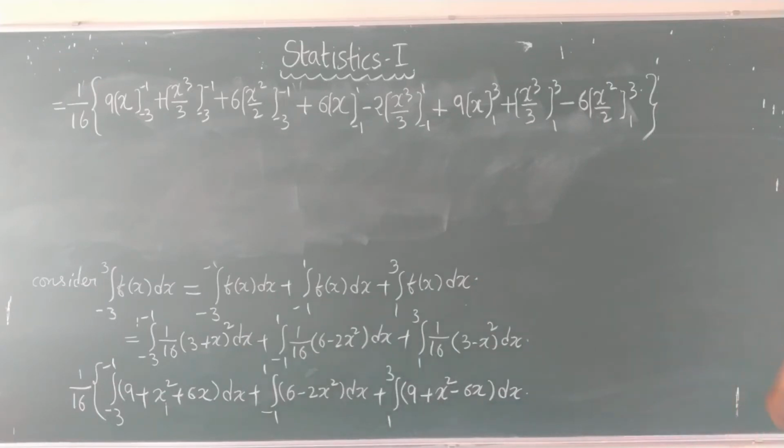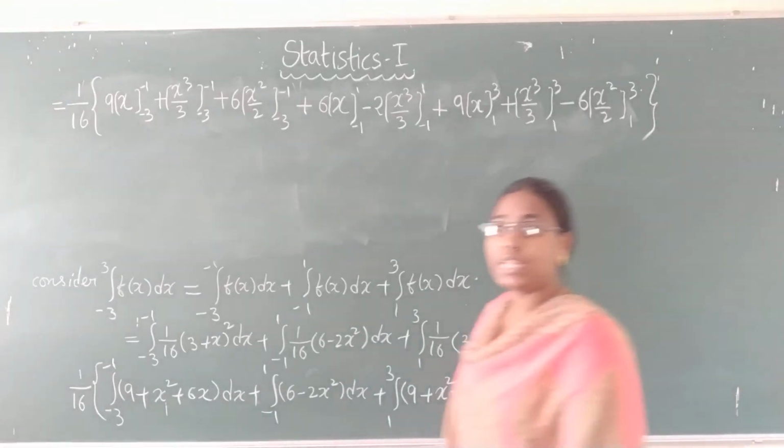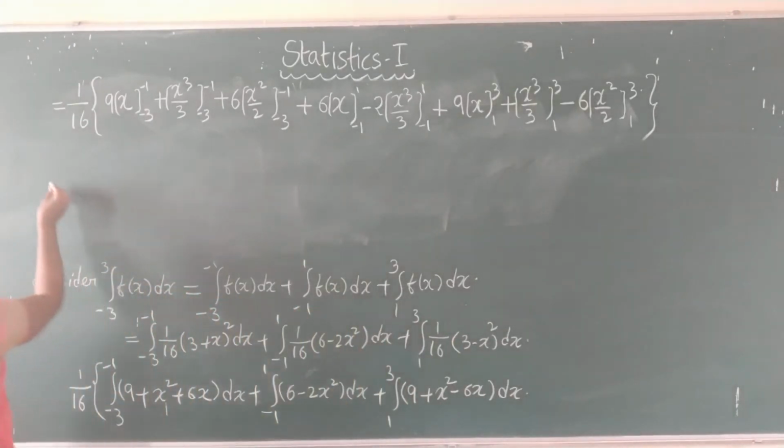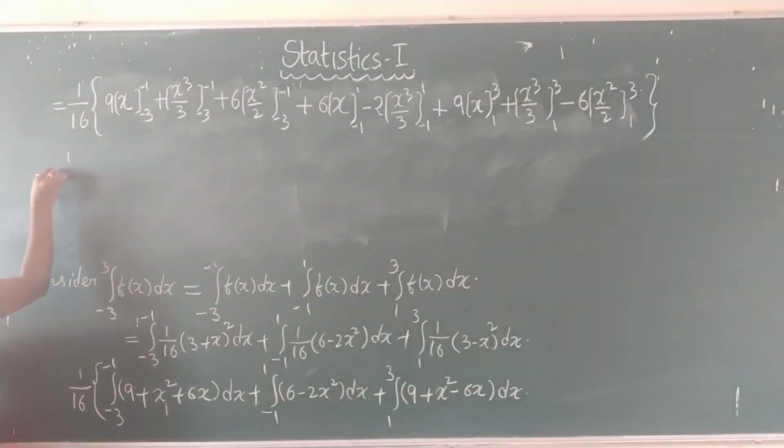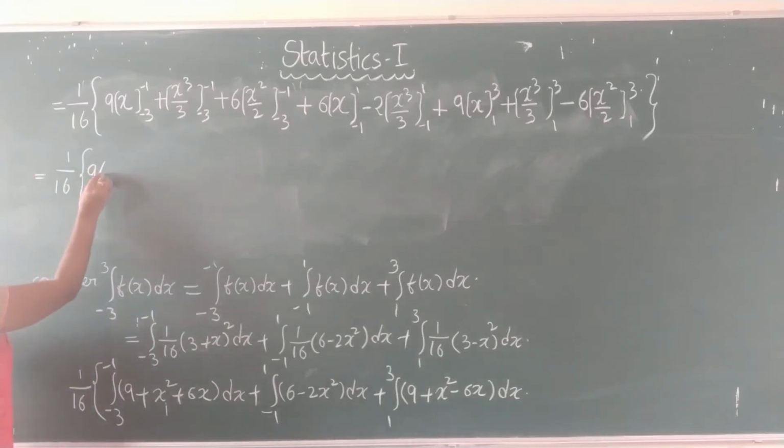So carefully you do the integration. Now we will apply the limits. This is equal to 1 by 16. So first 9 into upper limit is minus 1 minus of minus 3, so plus 3.